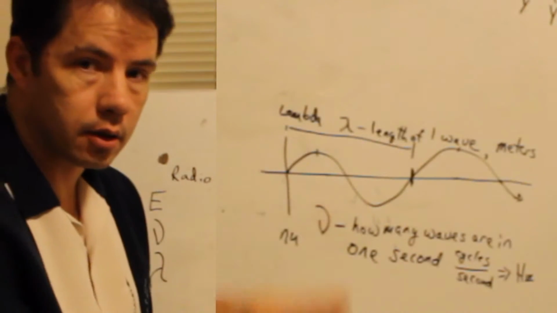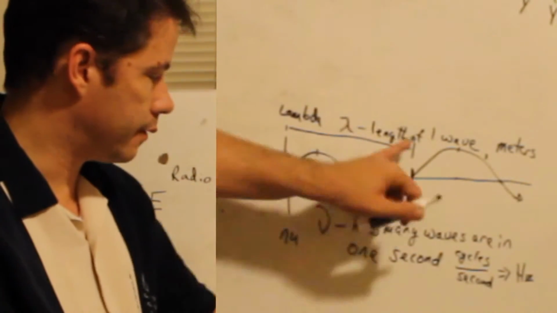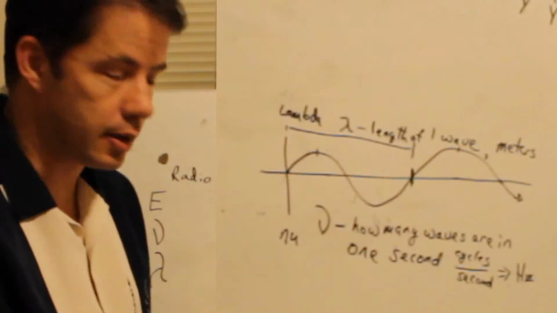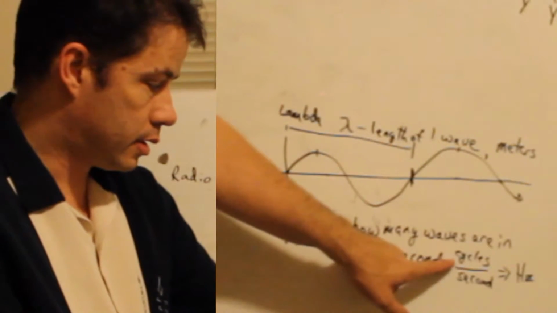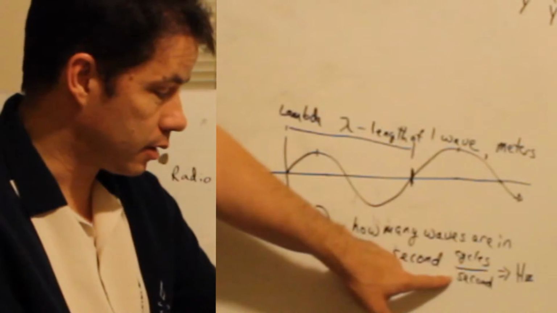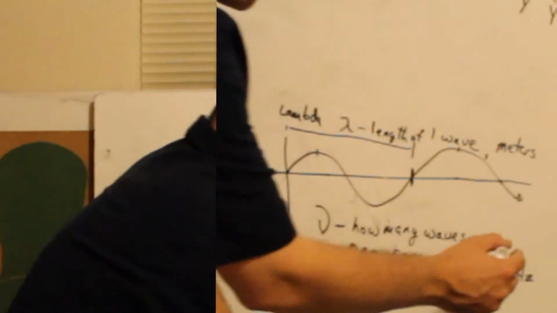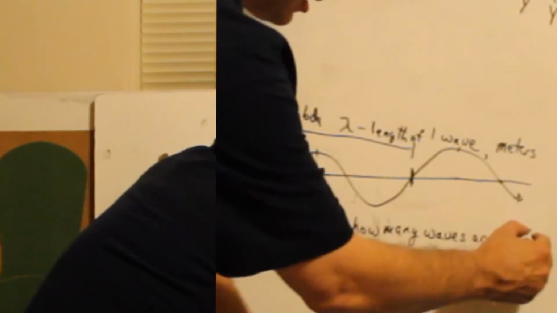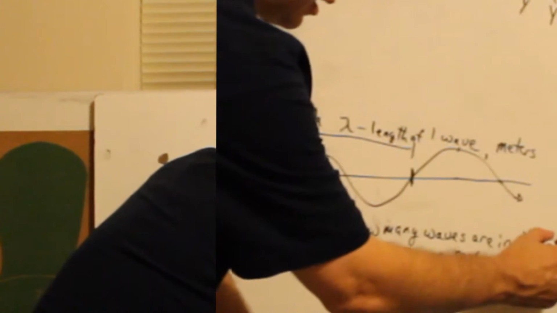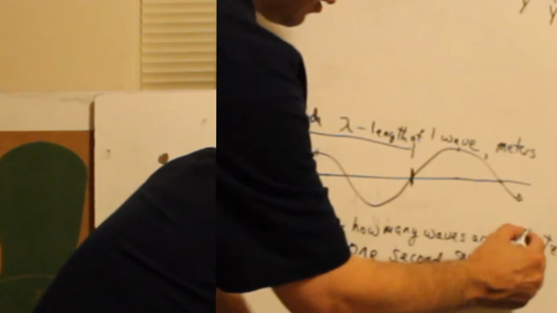So in 1 second, how many times does it repeat itself? And the units for that are cycles per second, also known as the hertz. Not I hurt my hand, it is hertz. H-E-R-T-Z. Sorry about my writing there.